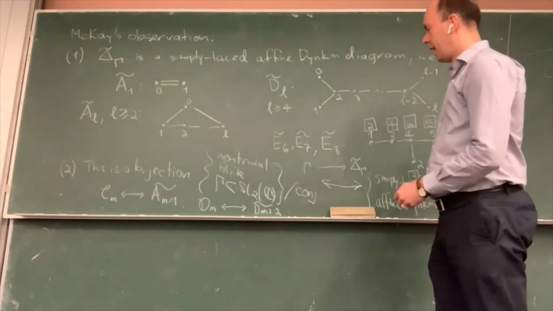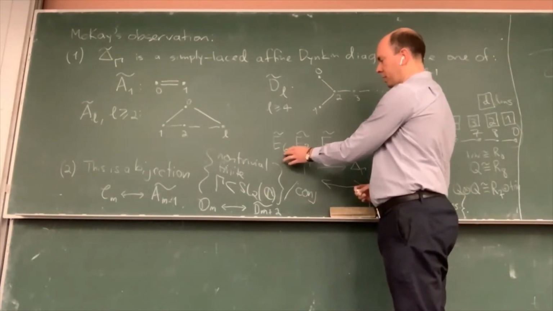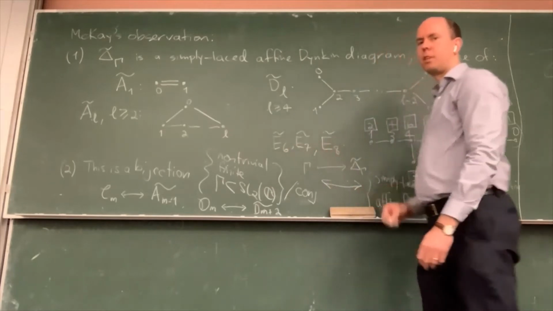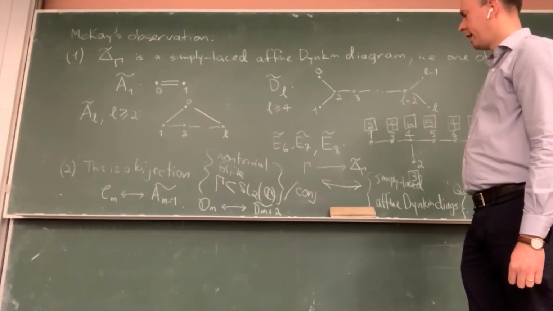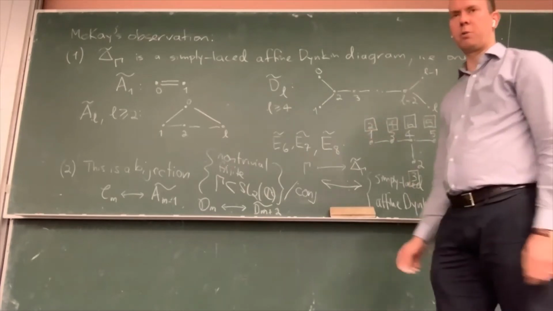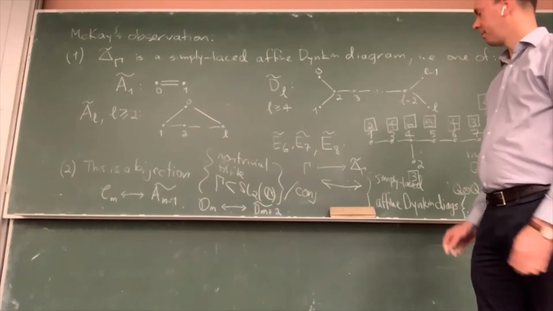And then the other three, the tetrahedral, octahedral, and icosahedral groups correspond to these E6, E7, and E8. So you just get each one once each. Okay.